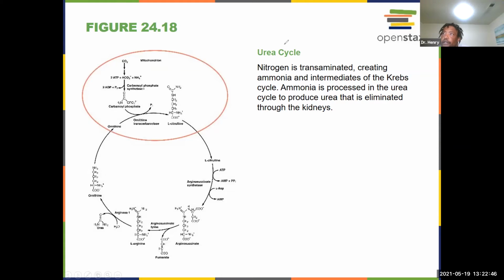Okay, so we're down here, right? So we have argininosuccinate. The argininosuccinate is then cut, and you're going to get fumarate and L-arginine.